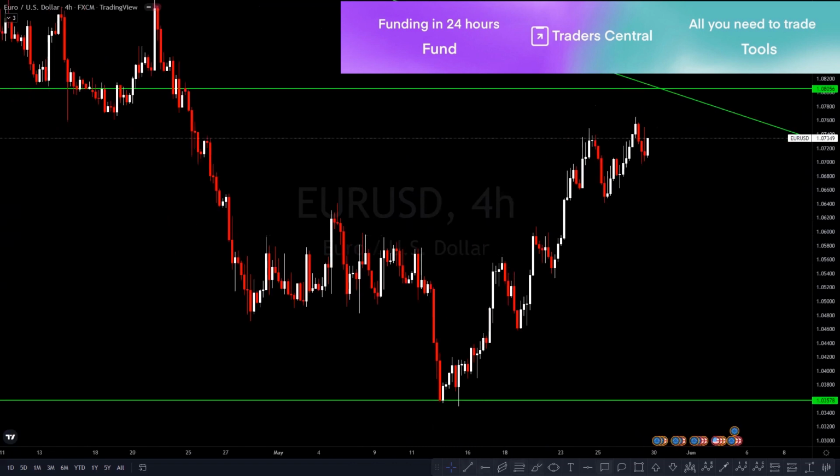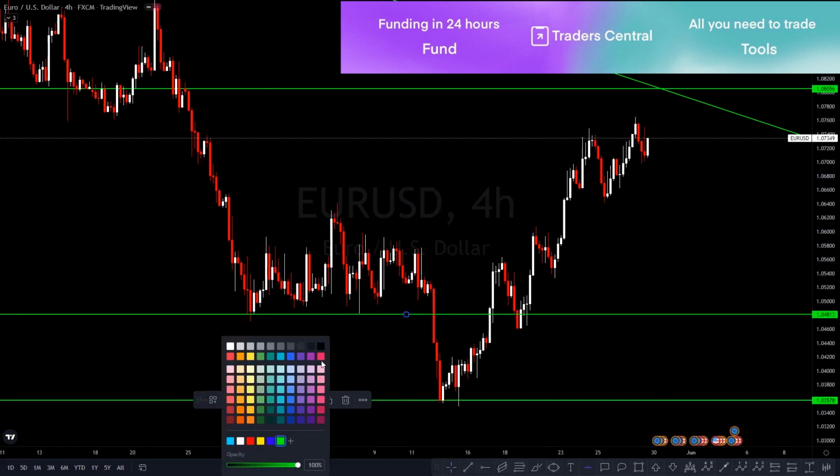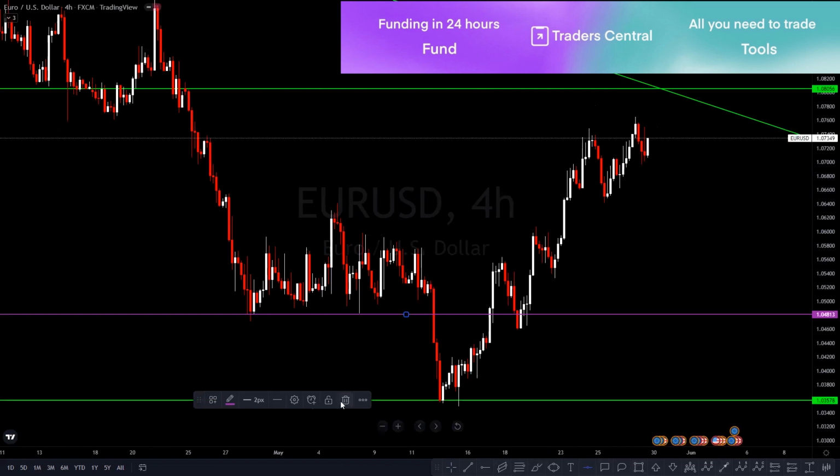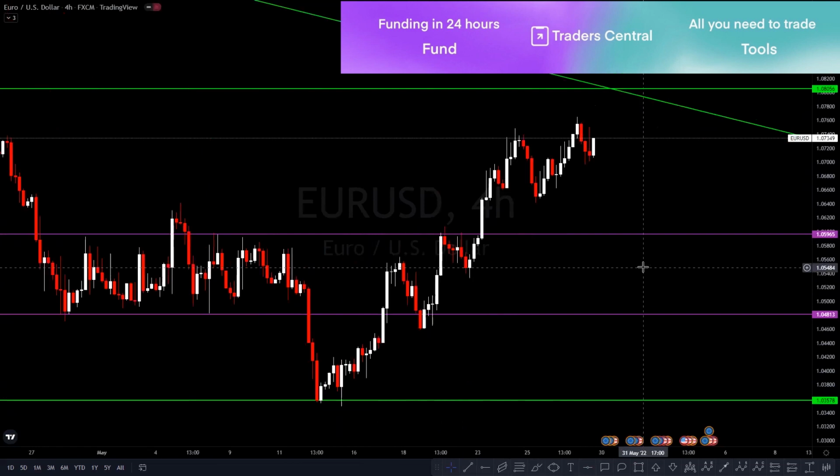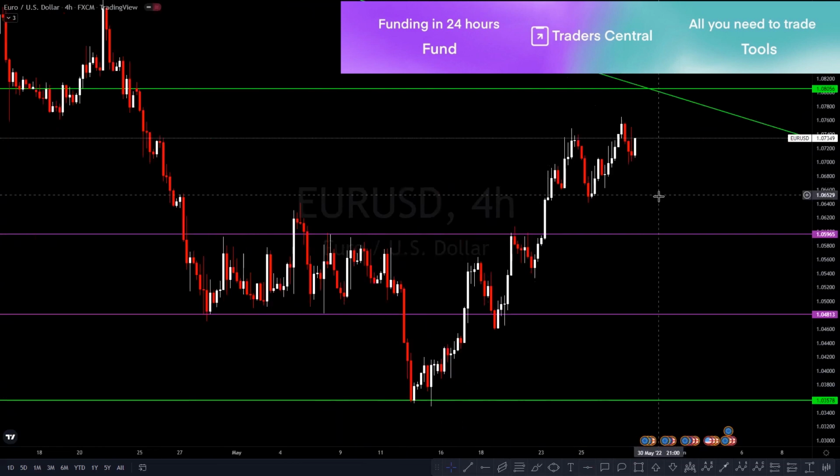So I'm seeing another potential support and resistance levels here on this 4-hour time frame. So I'll put them, and also I'll put something like this. Yep, this is another support and resistance structure. So now we are done with that, guys.